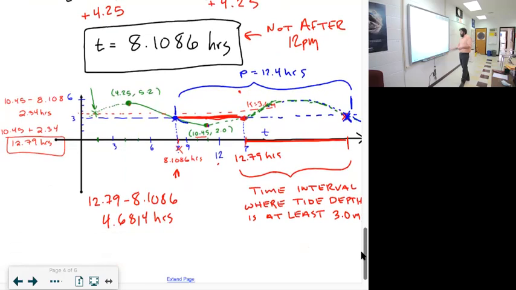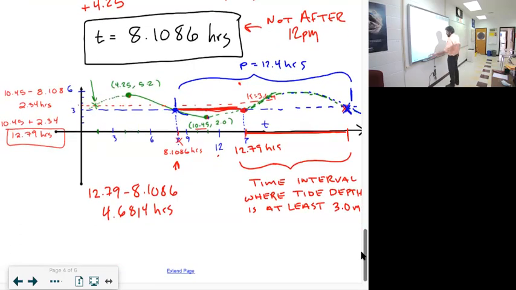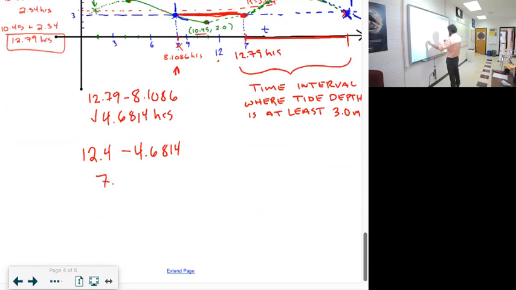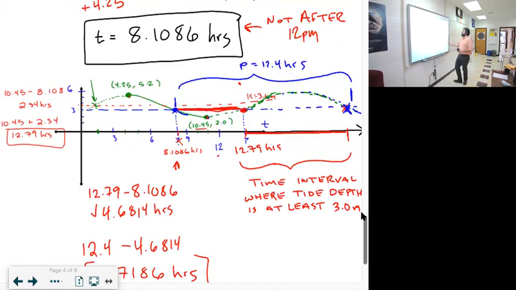So the window of time starts about 12.79 hours after midnight.